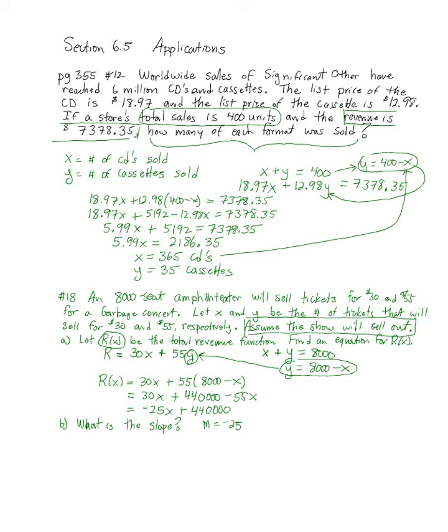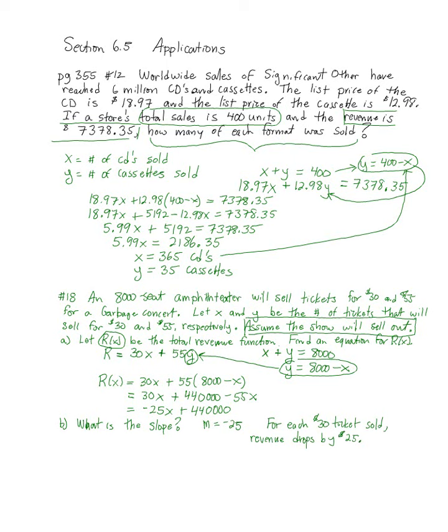So what this tells me is for each $30 ticket sold, revenue drops, because it's minus slope, by $25.